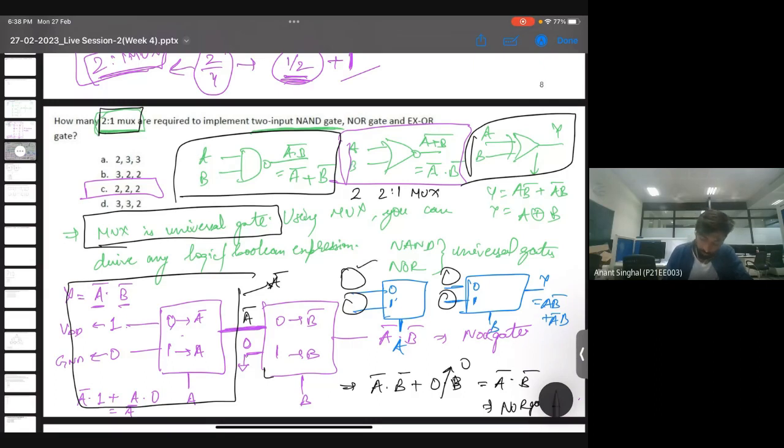First of all, can you tell for these two? Anyone? You need to make this logic a b bar plus a bar b. So can anyone tell what do I need here?